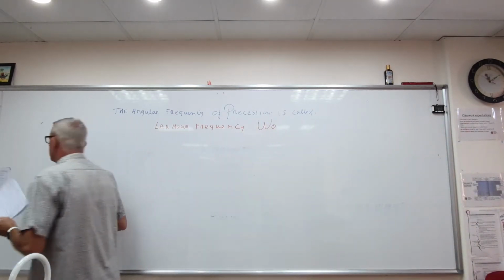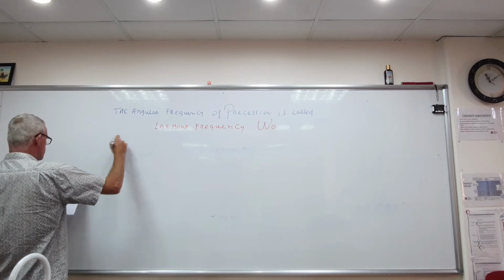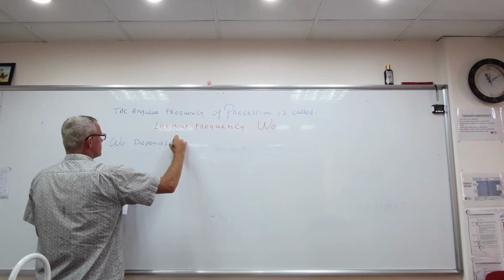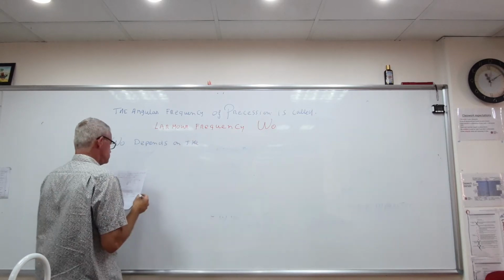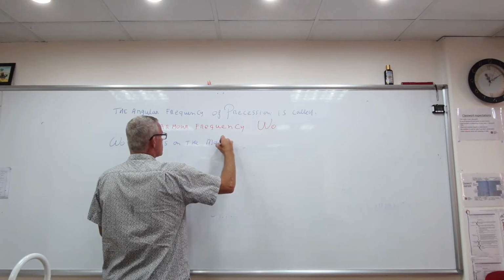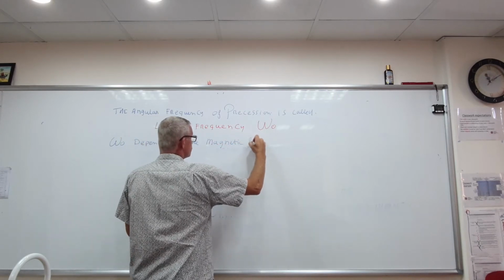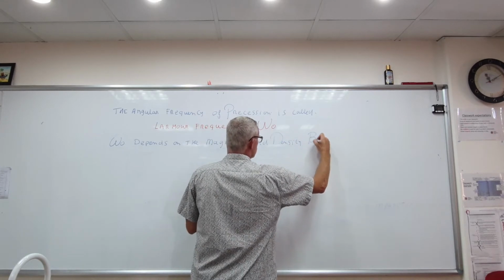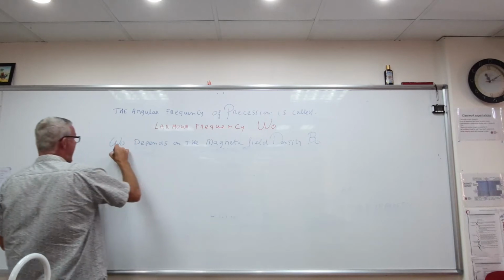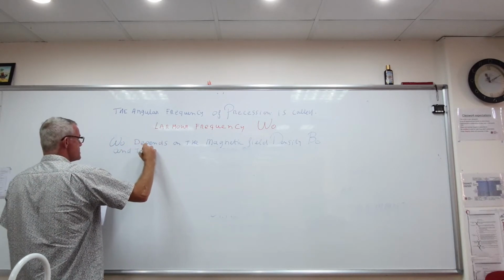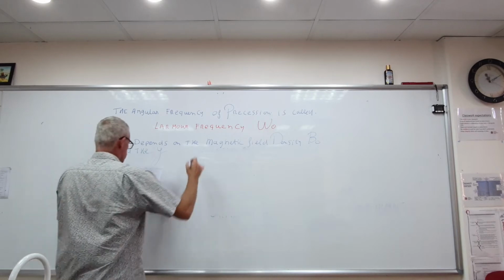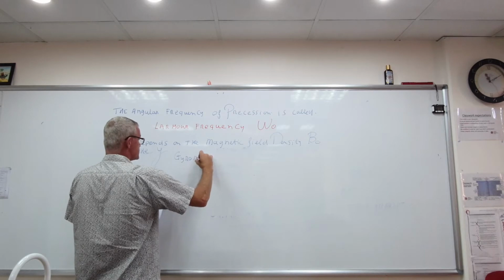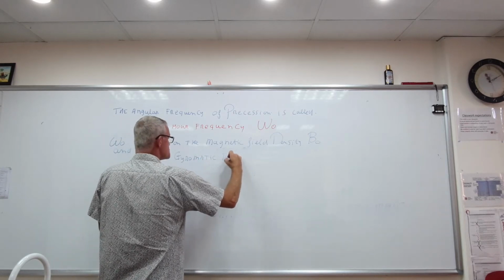So, as I said, the Larmor frequency depends on the magnetic field density, B0, and the gyromagnetic ratio.